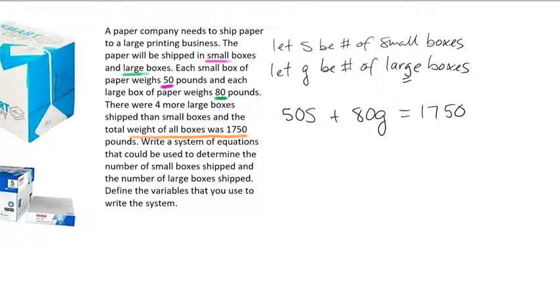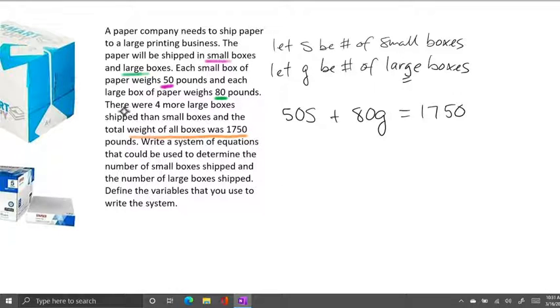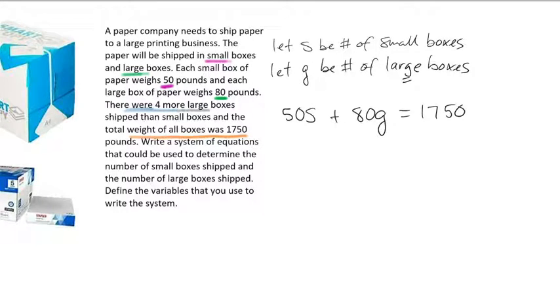The other piece of information that's here, and I'll underline this in blue, is it says there were four more large boxes shipped than small boxes. I could read that to myself a lot.